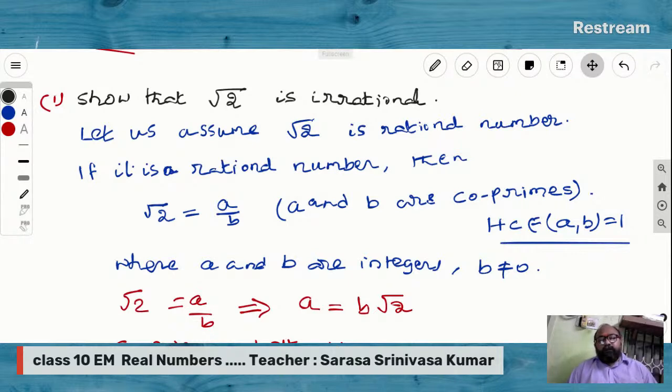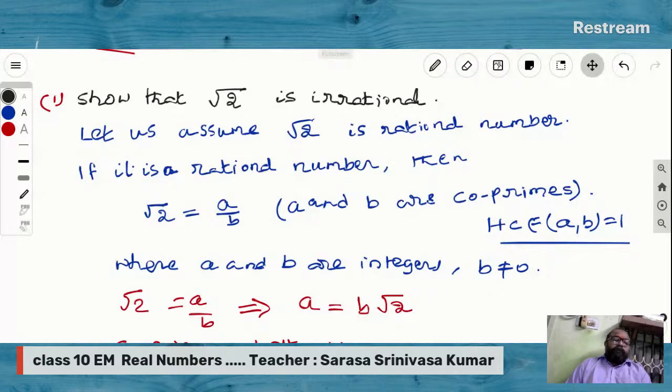Here we have written it in the form of a by b, where a and b are co-primes. Then what do you mean by co-prime numbers? If the highest common factor of two numbers a and b is 1, then we say that the two numbers a and b are co-prime numbers. Here a and b are integers.